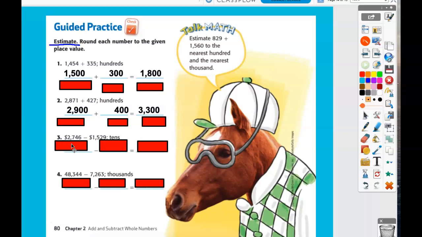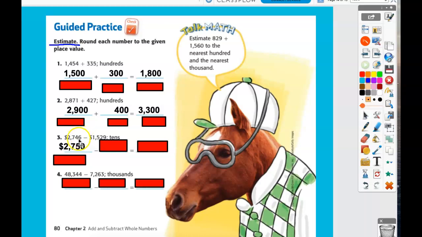Number 3, $2,746 minus $1,529, we're going to round to the tens. Okay, here's the tens and here's the tens. So if you said that this number rounded to 2,750, you were right. And again, here's my tens.